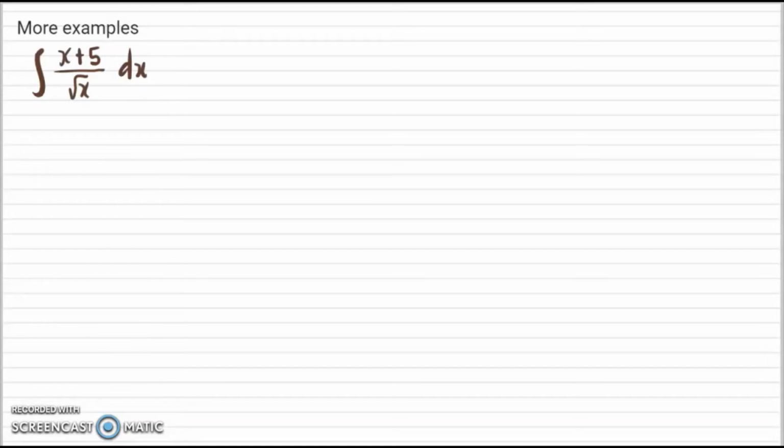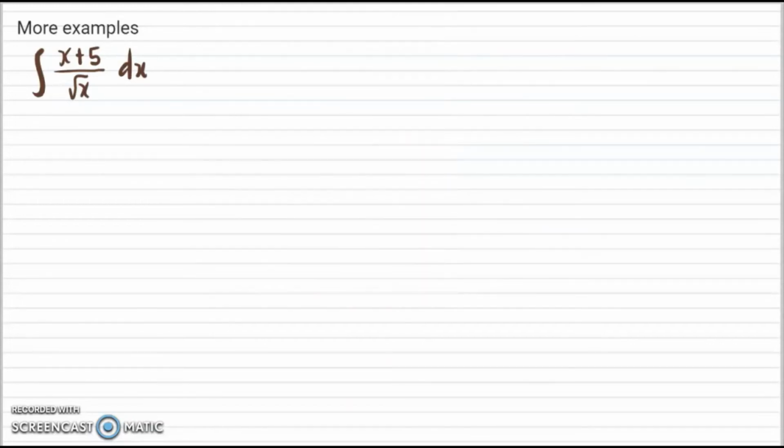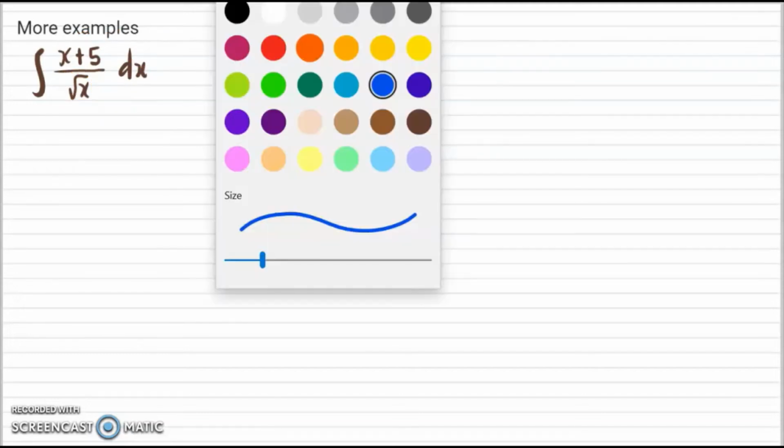Another example, let us have the integral of x plus 5 all over square root of x dx. We can actually transform this first before integrating. We can write this as x raised to 1/2, transferring it to the numerator and distributing it to x and to 5. So let's do that first.